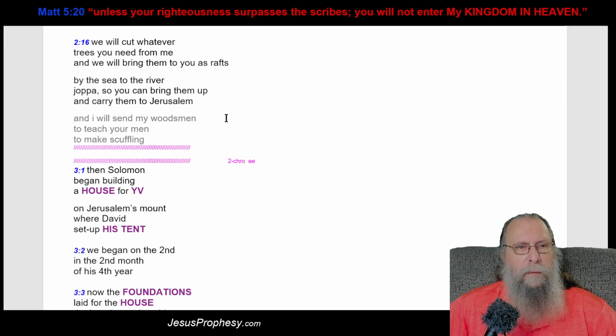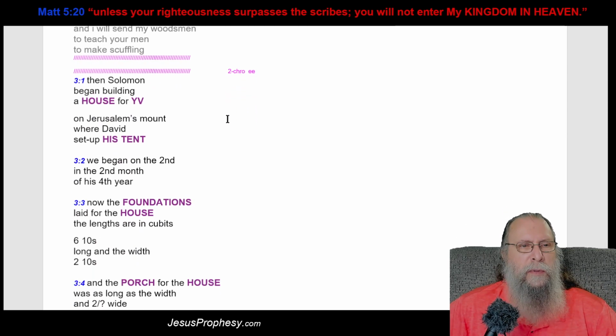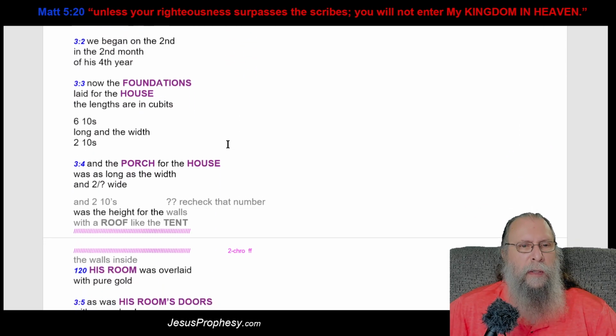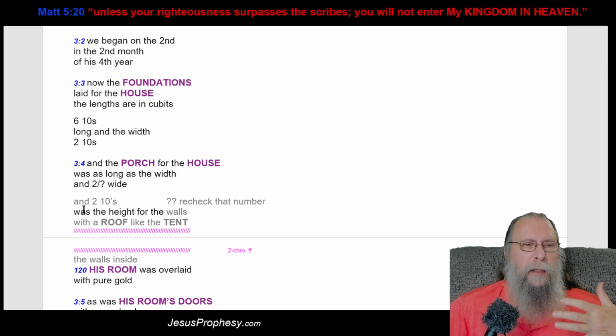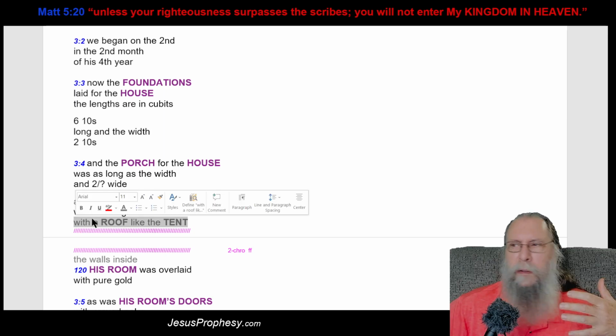Now, I'm pretty sure that his house is done when it comes through here, and all these numbers are assembled together. There is no roofing on the house, even though we know that the walls and the roof were like the tent for meeting.